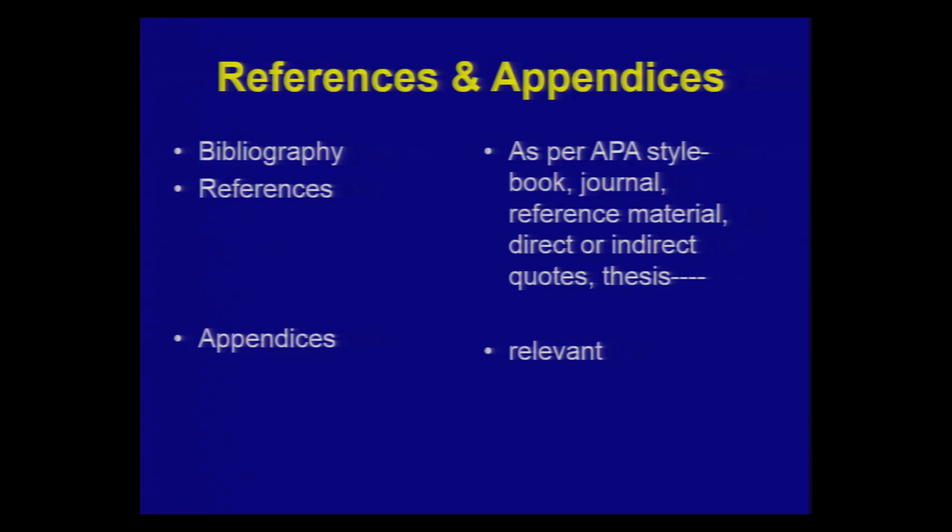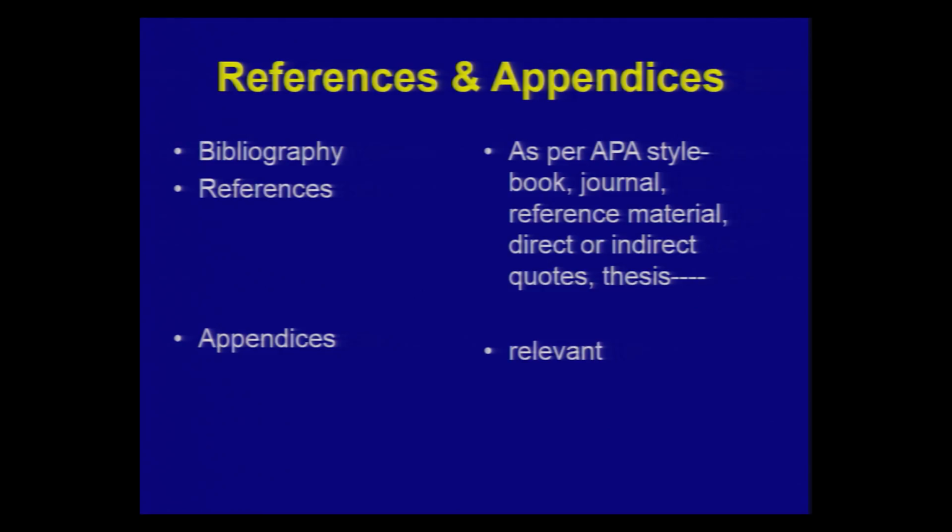And the last part of your research report consists of either references or bibliography and the appendices. So one needs to look into it if it's a thesis report in the social sciences, and here we are talking about taking up research in technical education.